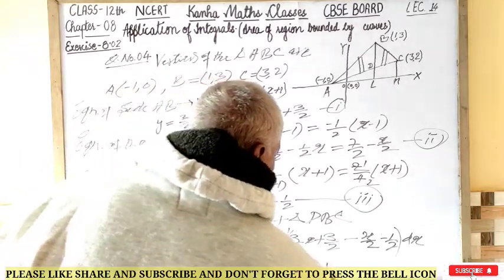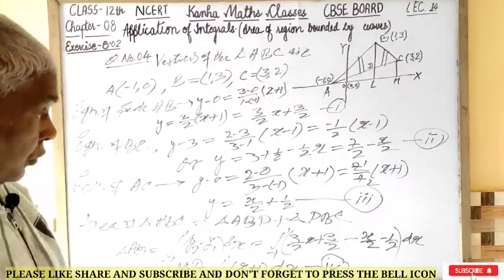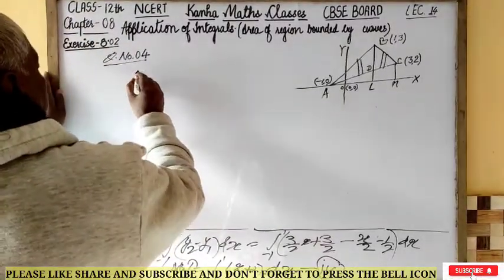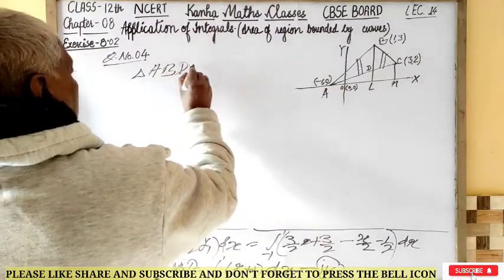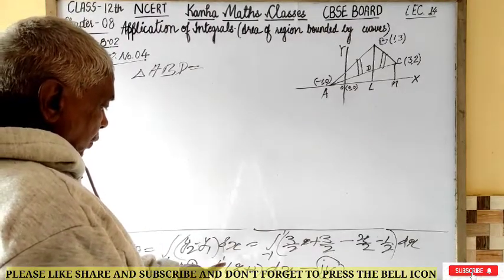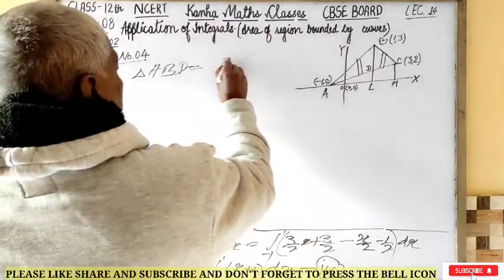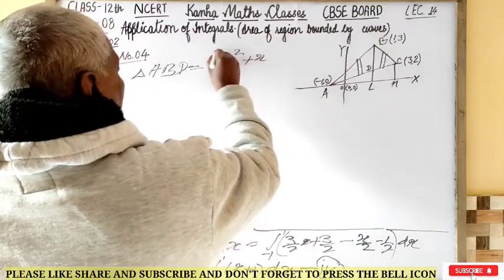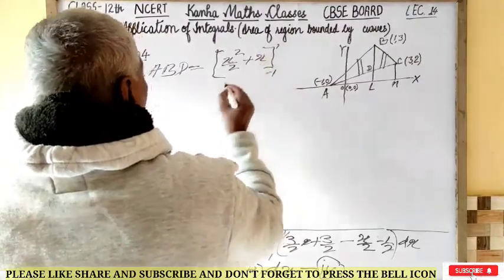Now this is equation fourth. Due to lack of space, I want to rub the upper part of triangle ABD. Here integral minus 1 to 1 of x plus 1 dx. The integral of x plus 1 will be equal to x square by 2 plus x, with limit from minus 1 to 1.